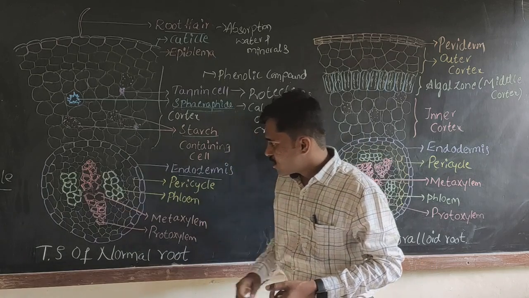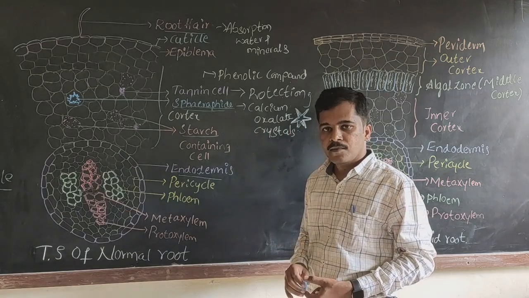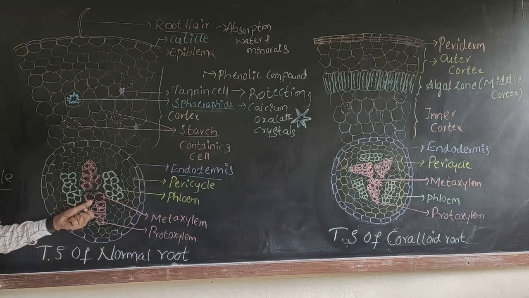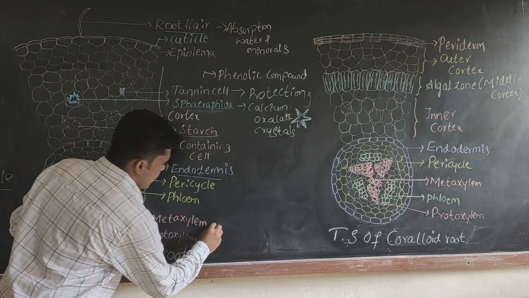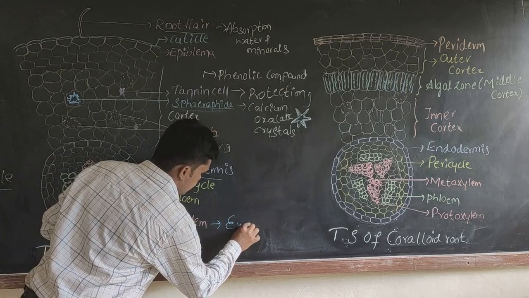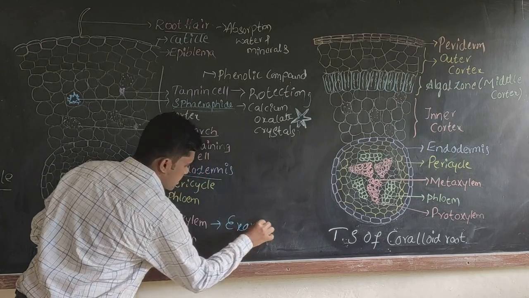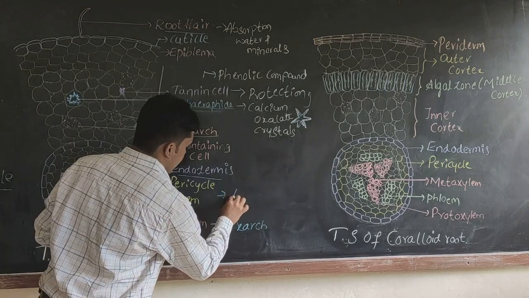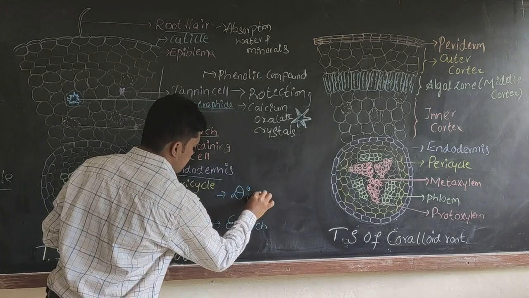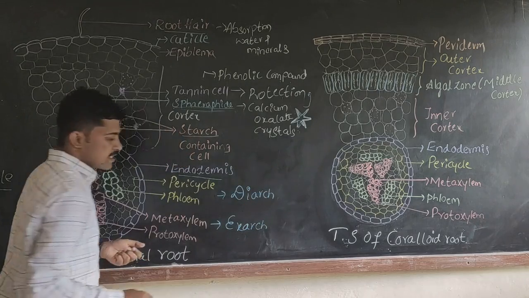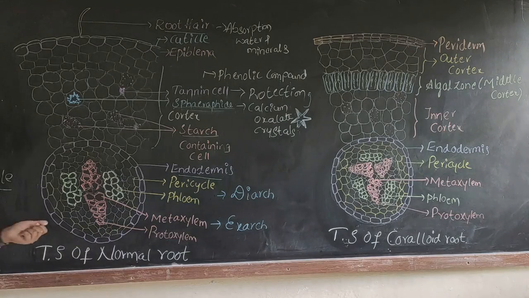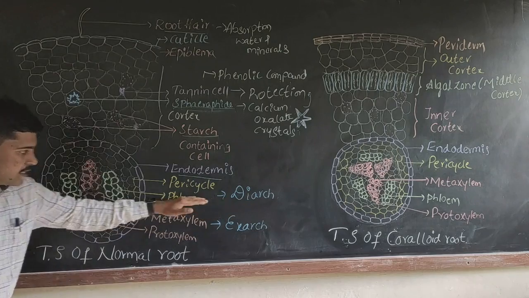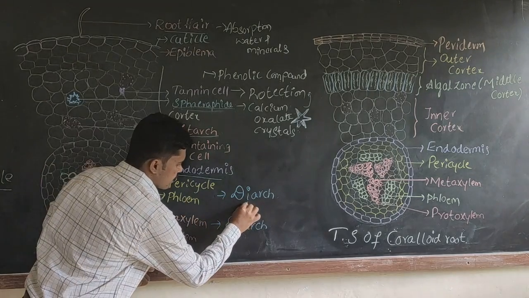So, if you look at the structure of xylem and phloem, usually the xylem here in case of Cycas is said to be exarch in nature. Xylem is exarch, and it is also said to be diarch. The arrangement of vascular bundles is diarch.